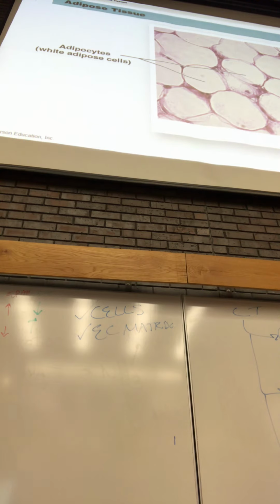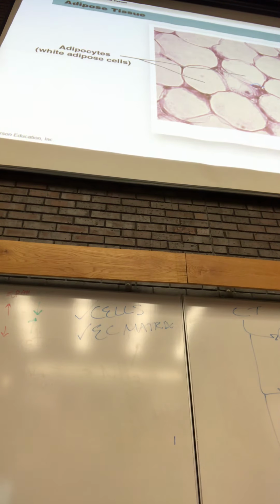The cells make so much fat that it pushes the nucleus off to one side, up against the cell membrane, and the rest of the cell is filled up, and it looks like this honeycomb thing. Those circles are the fat cells that are full of fat.